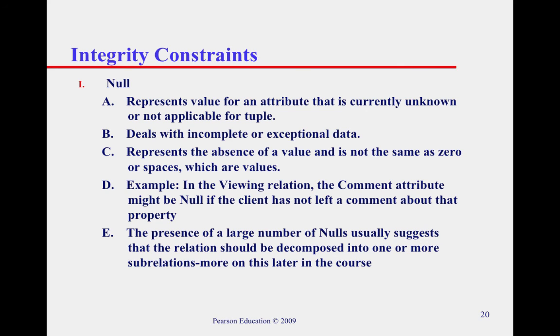So you'd leave a comment in the comment column, but other clients might not leave a comment. So in that case, we would put null in that column to indicate that the value was, in this case, not applicable. Or maybe we forgot to ask the client, in which case it's currently unknown.